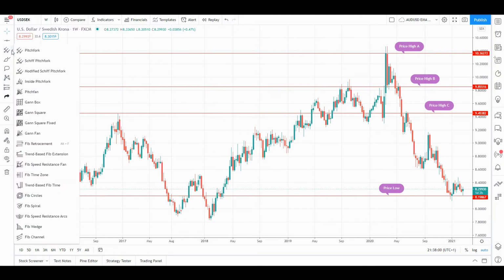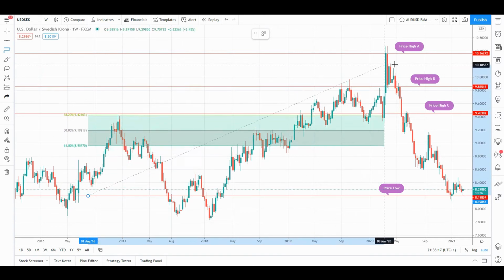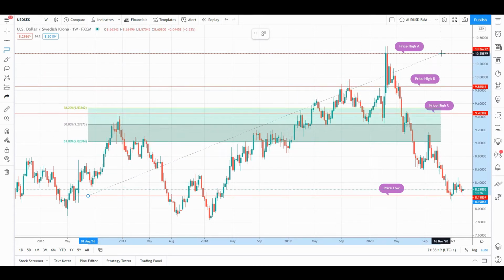So after we've marked our 3 price highs and the price low, we need to select the Fibonacci retracement tool and then draw the first range from price low to price high, as I'm doing currently.